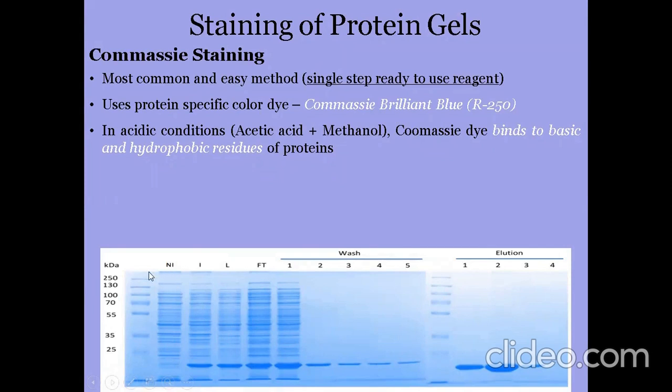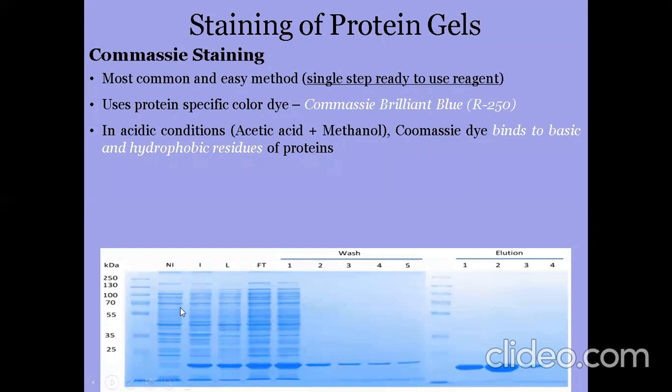So now we have completed the electrophoresis, and now the stage for the staining has come. When we apply the Coomassie stain, it will bind to the hydrophobic and the basic residues of the protein.